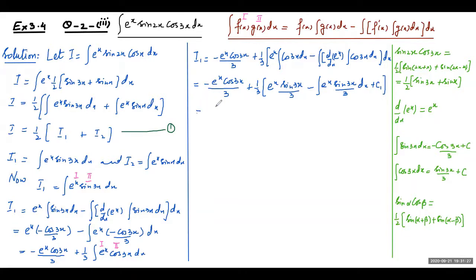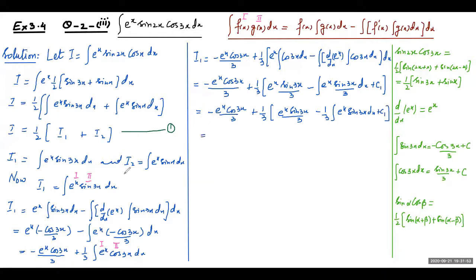So I get minus e^x cos 3x by 3 plus 1/3 [e^x sin 3x by 3 minus 1/3 integral e^x sin 3x dx plus c1].